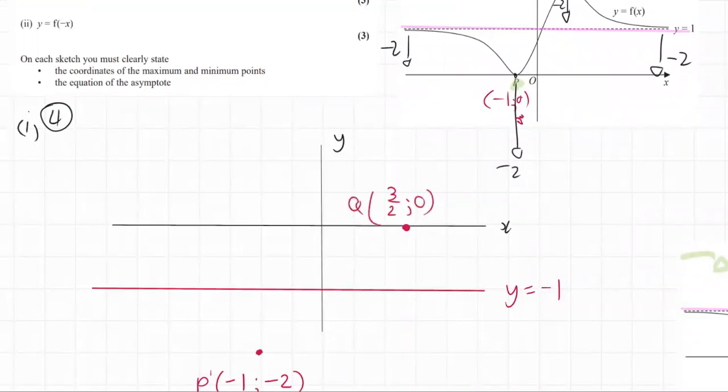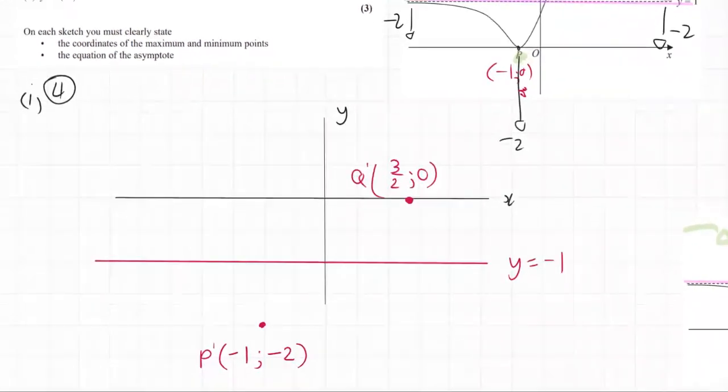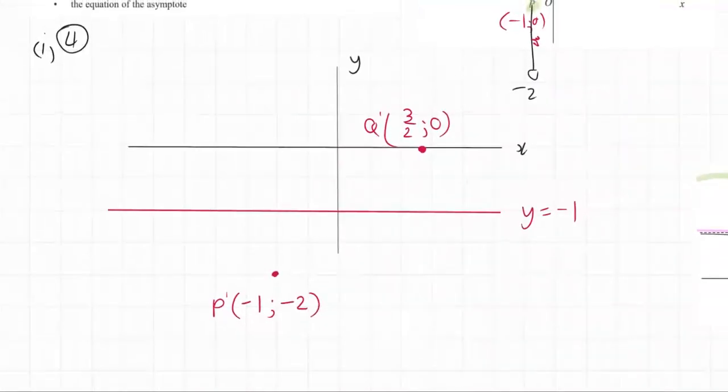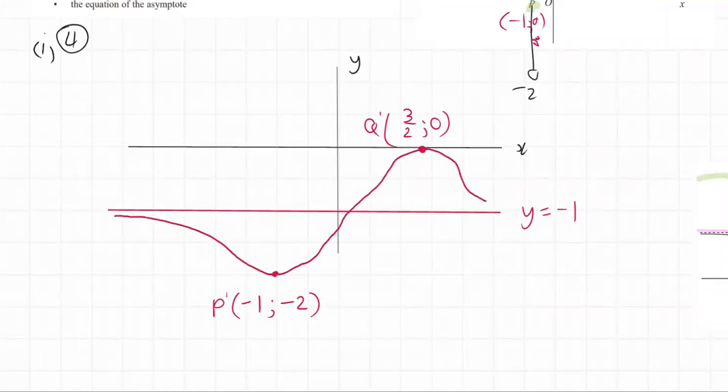So our new Q, and let's get that sketched in. It goes through to that asymptote line, down to P, up to the asymptote, and through again. Okay, good.